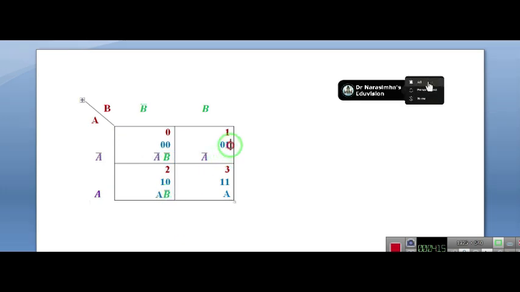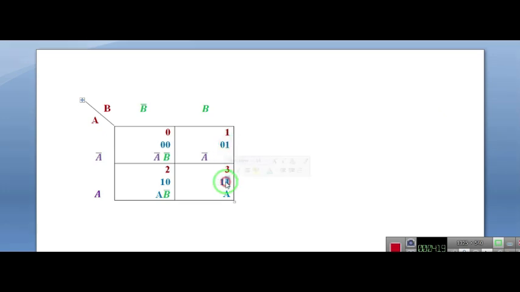Similarly, in column number 2, row number 1 and row number 2 both have the same digit 1. So 1 is used to represent the variable, and here the column variable is B. Therefore here you have to write B, and here also B. Now I am going to remove these numbers and their corresponding binary. So this is a two variable K map.